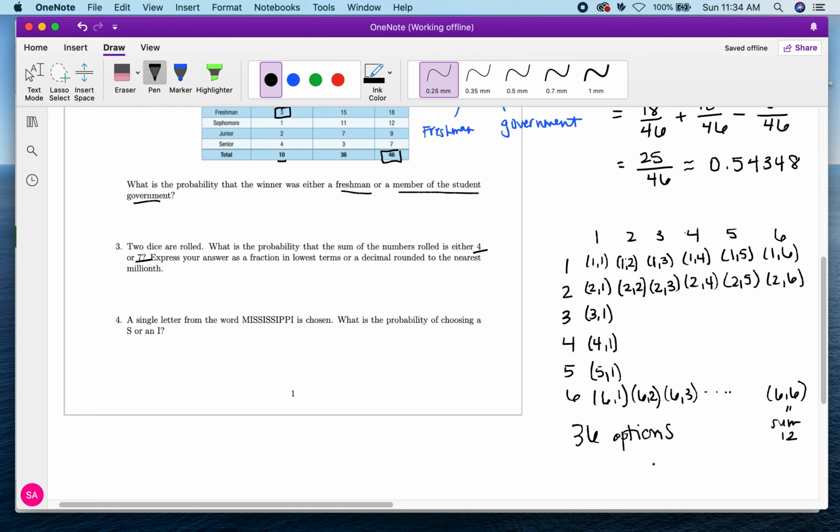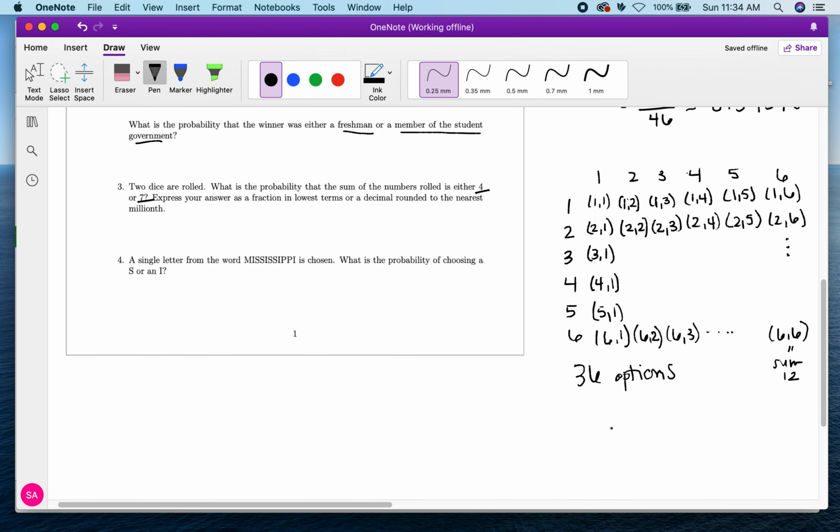When we roll a pair of dice, these are all the possible pairings that could happen. So when we start writing down the probabilities, my bottom number is going to be 36. Let's look at the probability of rolling a 4.